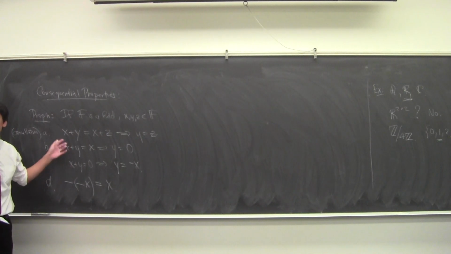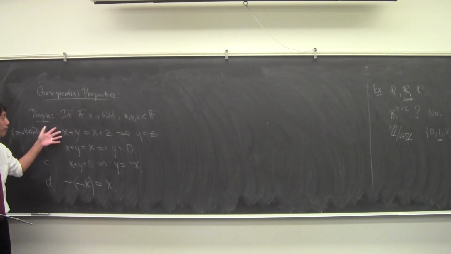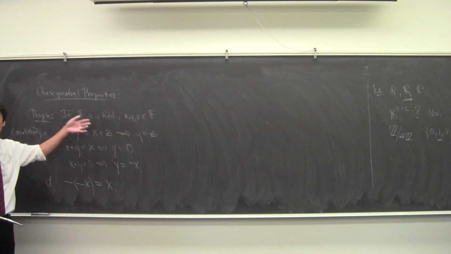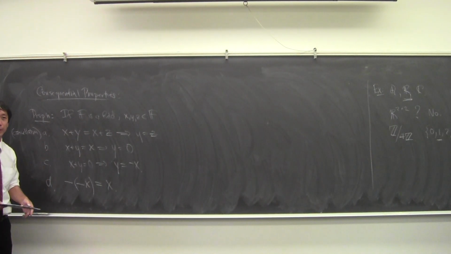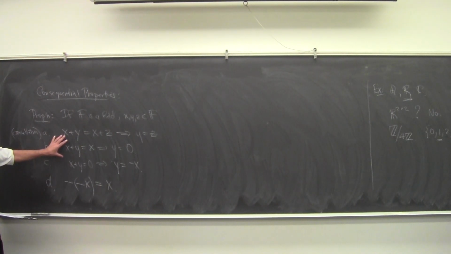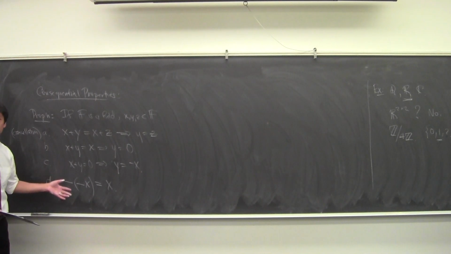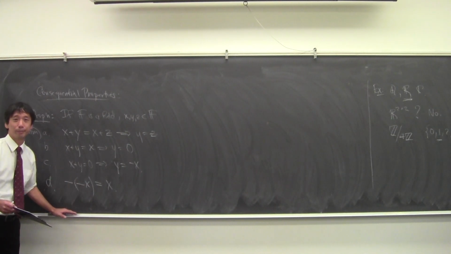Okay. So these are all things that follow from the field axioms, right? The properties of a field. So things that you think ought to be true, and they indeed turn out to be true.